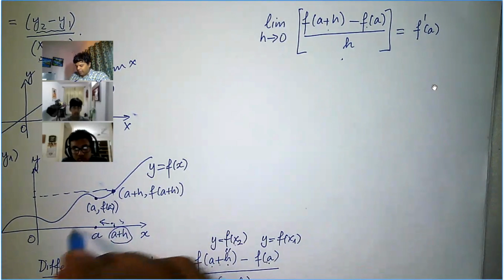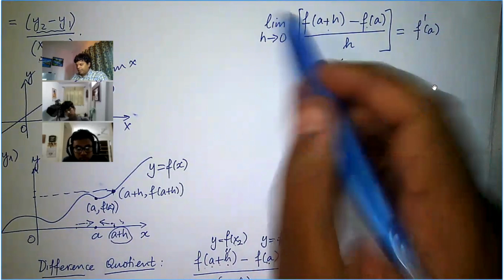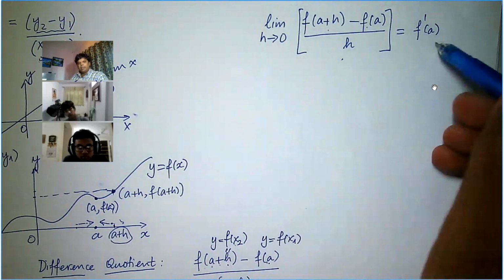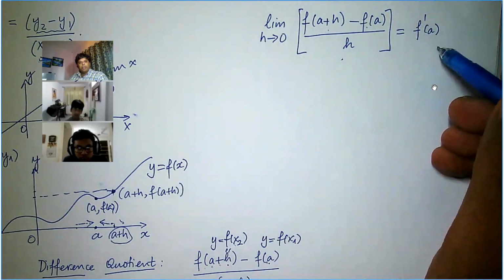Exactly. And I can also have h to be negative. I can do this from both sides of a, from the right side and from the left side of a. And this limit, if it exists, I will call the derivative of f at the point a.